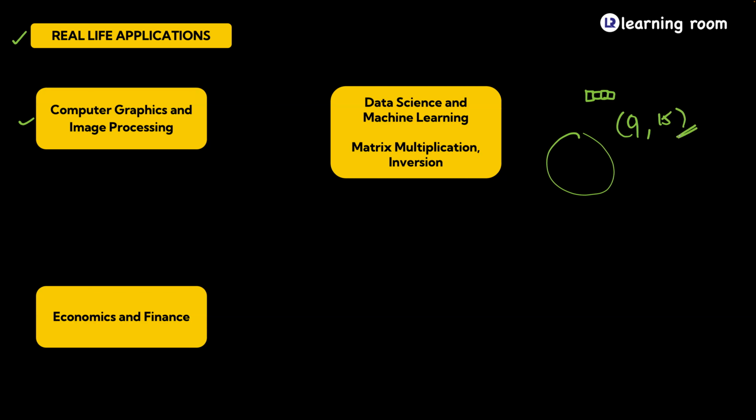This point is at a distance of 9 units from the origin along the x direction and 15 units from the origin along the y direction. That is the meaning of that point, right? So I can actually put it like this also, 9, 15. I'll be able to represent it in another format also. Are you able to understand? So this is one such real-time application of matrices.